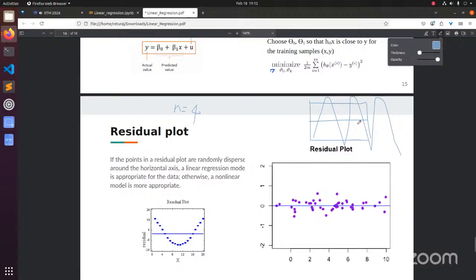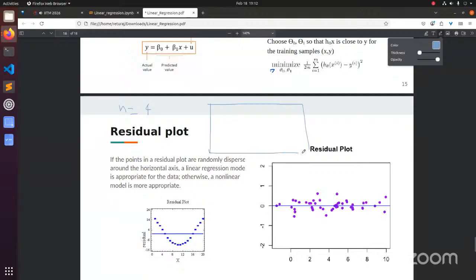For n equal to 4, your plot looks like this: almost all points were above, and this value is 107. 0 is here.